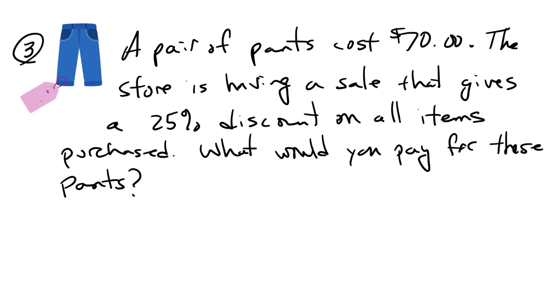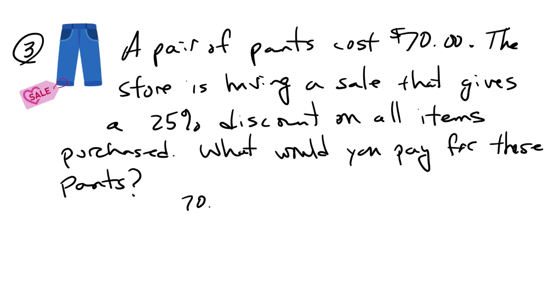This time we're talking about discount. Discount means you're taking something off. You're reducing. So the pants are $70. They're going to give me a 25% discount, which means that that discount amount is going to come off of the $70.